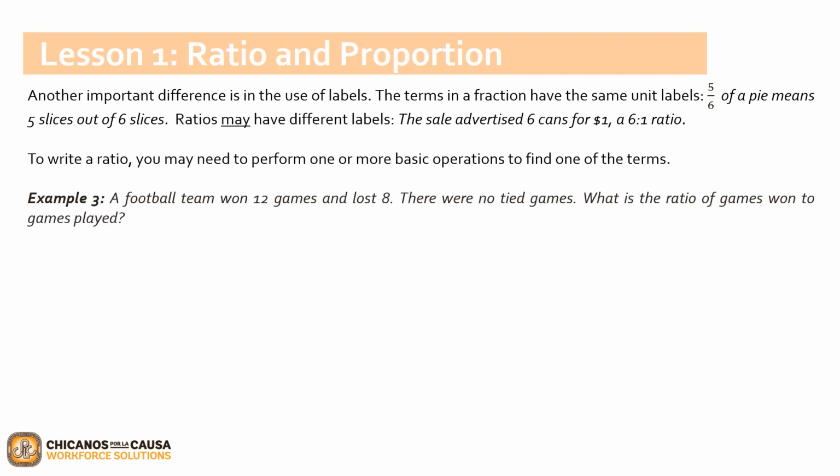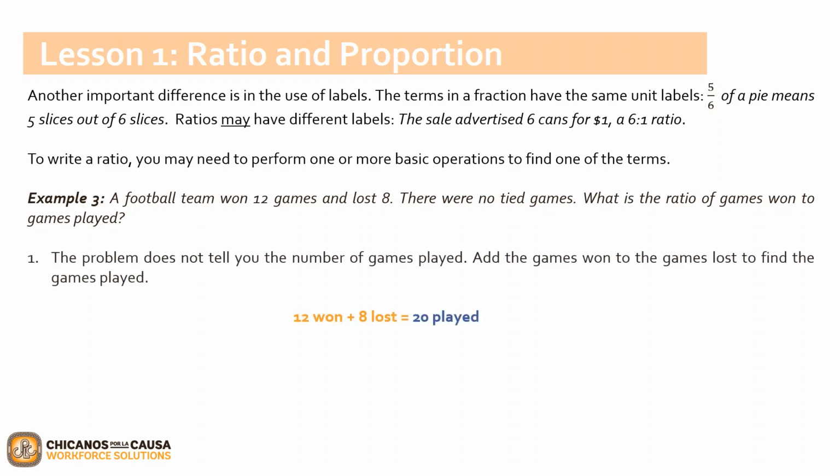For example 3, it states, a football team won 12 games and lost 8. There were no tied games. What is the ratio of games won to games played? To solve and answer this example question, we would first see that the problem does not tell you the number of games played. Therefore, we would add the games won to the games lost to find the games played.